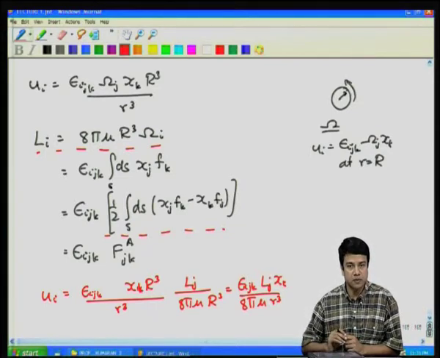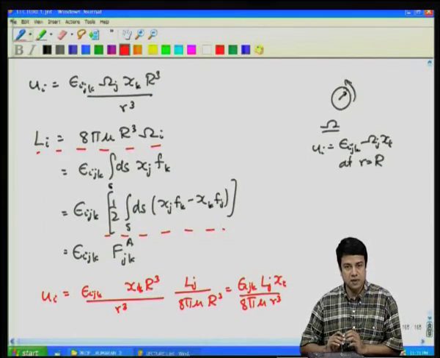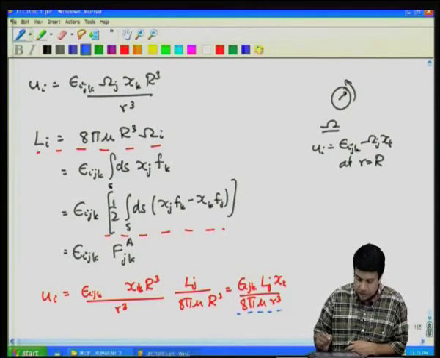It is directly proportional to the torque. Torque can be expressed as epsilon times the antisymmetric part of the force moment. Therefore, the velocity disturbance due to the antisymmetric part decays as 1 over r squared.